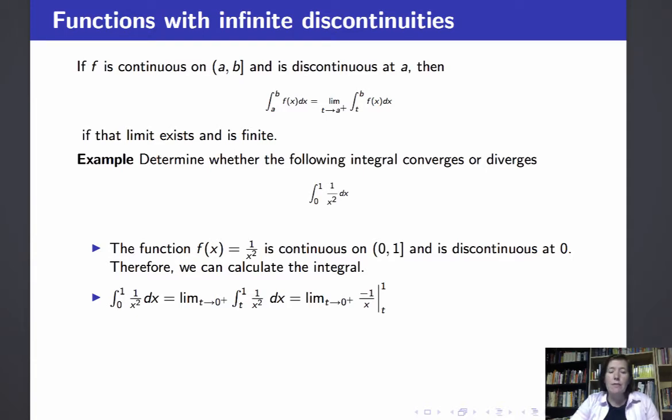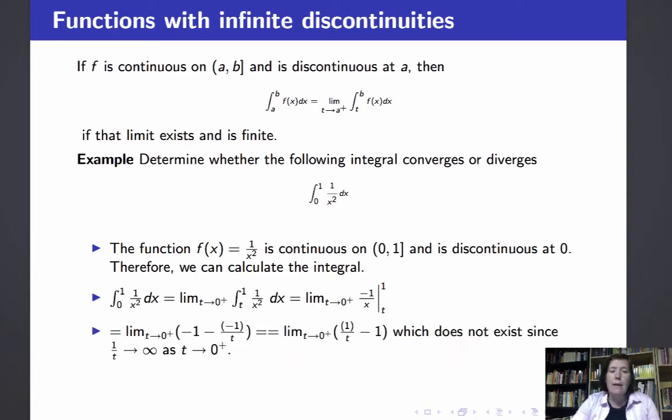And now we can find an antiderivative for 1 over x squared. It's minus 1 over x. And we're looking at the limit as t approaches 0 from the right of minus 1 over x evaluated at 1 minus that evaluated at t. So it turns out to be the limit as t goes to 0 from the right of minus 1 minus minus 1 over t.